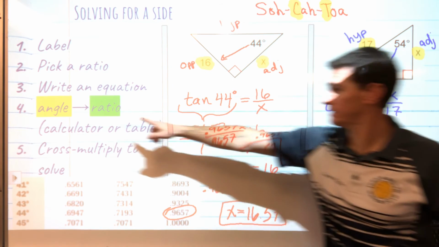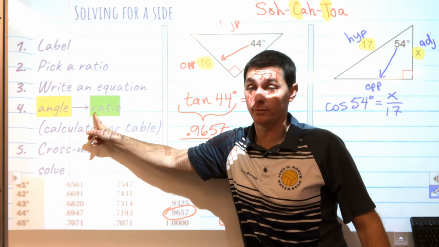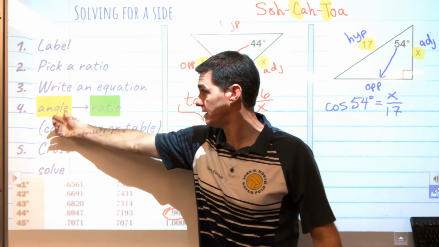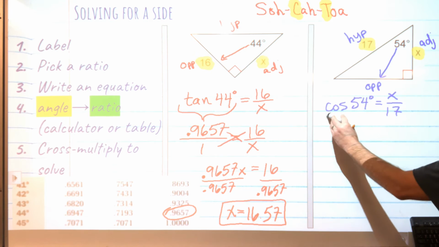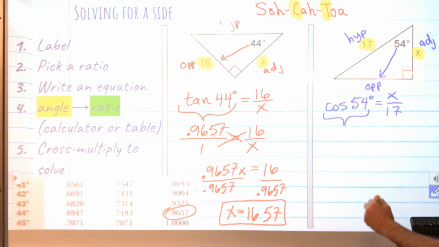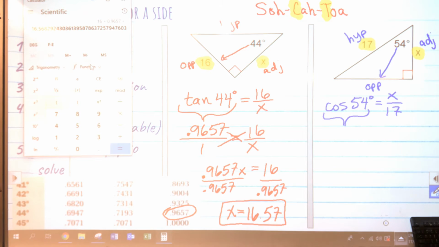All right, next I use my angle to find the ratio. Remember, they're all similar, so if we know something about one triangle, we can use the proportions to solve. So I use my calculator here to find the cosine of 54. To use your calculator, for many calculators, you type in the angle first and then hit cosine.